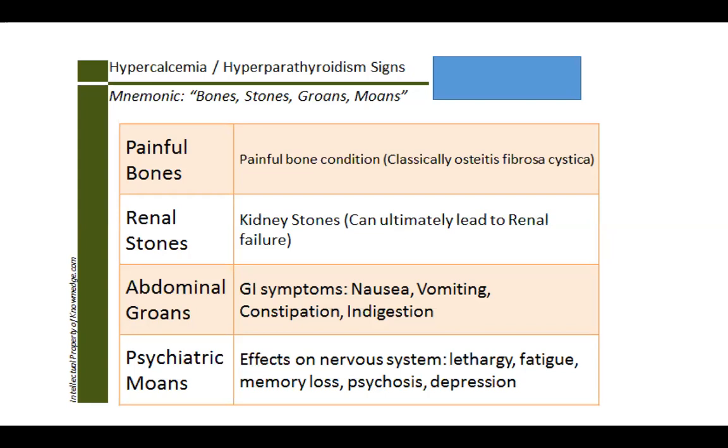Because of the excessive hypercalcemia, there could be GI symptoms in the form of nausea, vomiting, and constipation. And there will be psychiatric disorders like psychic moans. There will be effects on the nervous system: lethargy, fatigue, depression, and memory loss. So I hope this mnemonic is very easy to remember. Painful bones, renal stones, abdominal groans, and psychic moans.